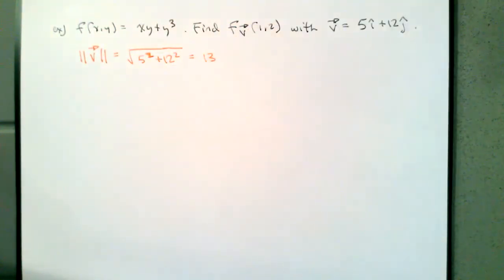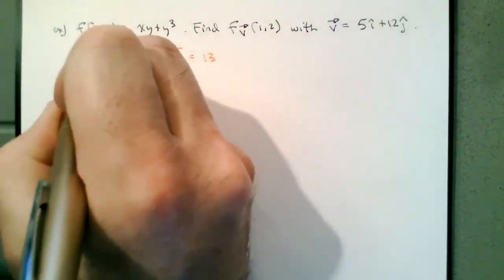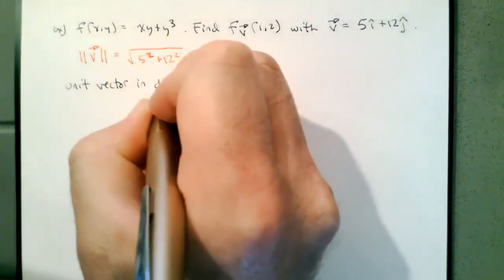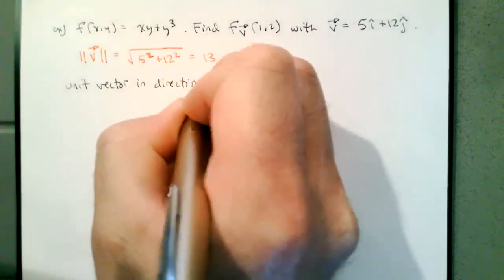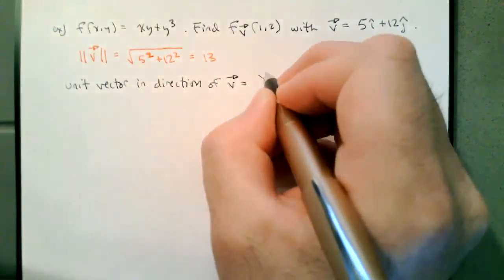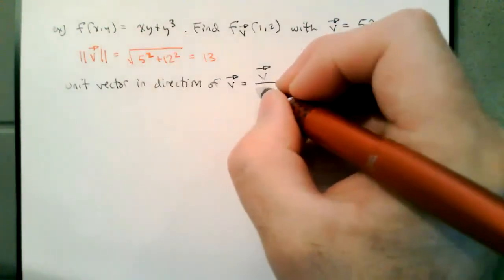So a unit vector in the direction of v is 5/13 i plus 12/13 j. So we want to use the unit vector, just take v and divide it by its magnitude.